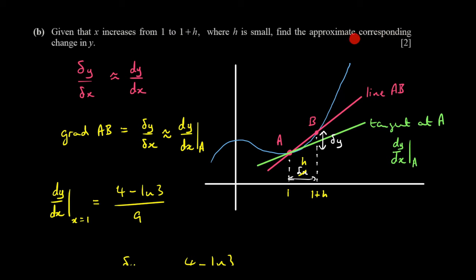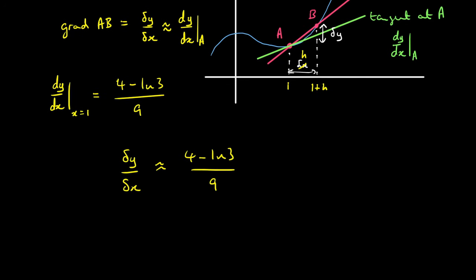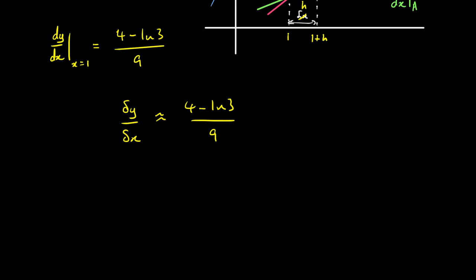We're asked to find the corresponding change in y. We're asked to find delta y, and we know that the delta x in this case is just equal to h, right? It's that distance there. So our delta y is going to be approximately equal to (4 minus ln 3) over 9 times h.